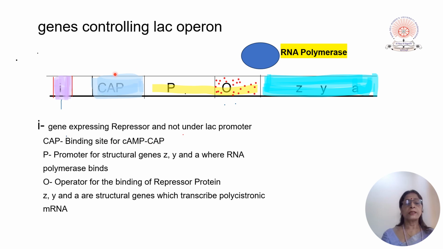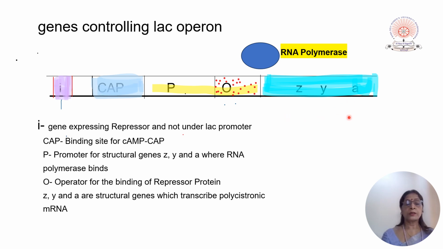CAP binding site is the site for the binding of cyclic AMP and CAP. P is the promoter sequence for three structural genes Z, Y, and A. The enzyme RNA polymerase binds to this promoter sequence. O is the operator sequence to which the repressor binds, and the three structural genes Z, Y, and A transcribe a polycistronic mRNA.